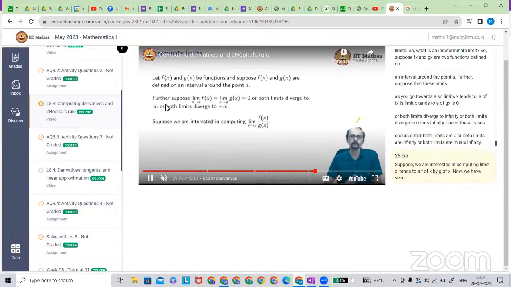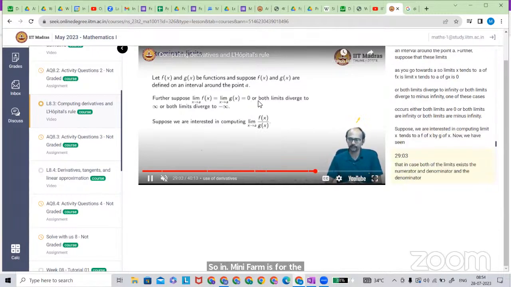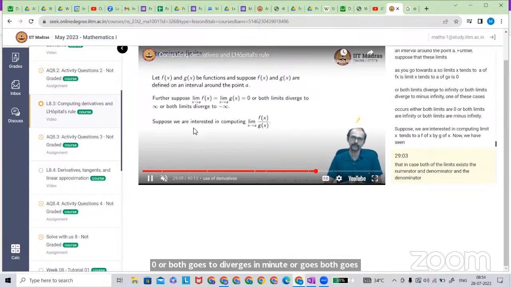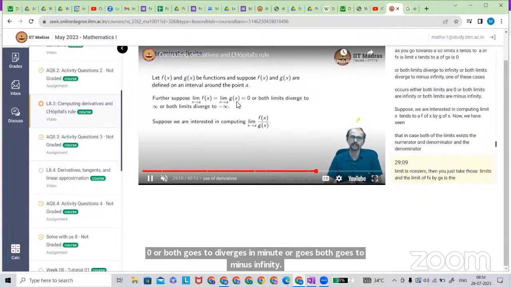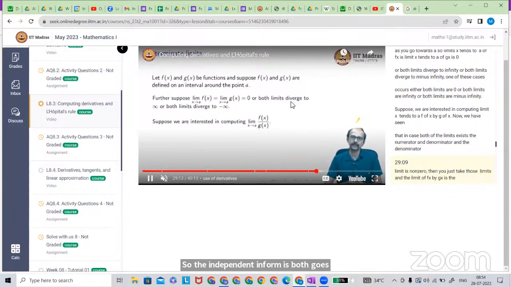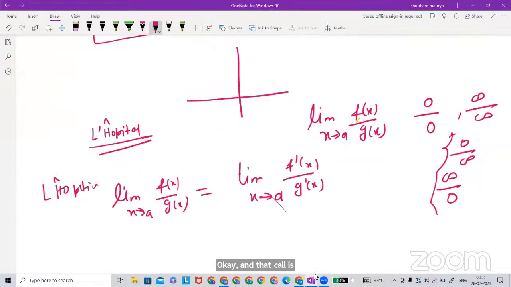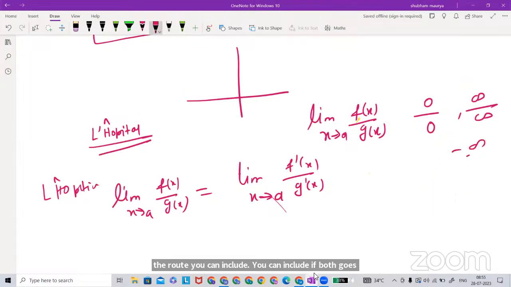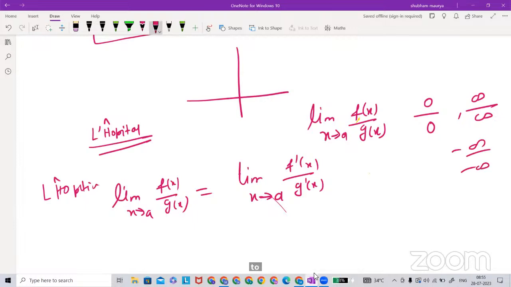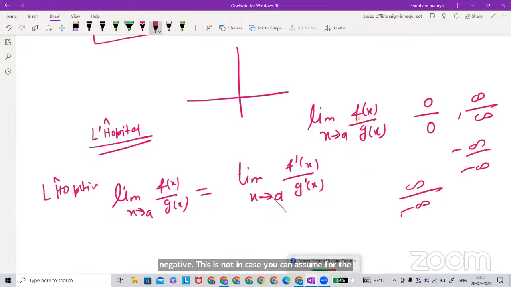So the indeterminate form is when f(x) and g(x) both go to 0, or both diverge to positive infinity, or both go to negative infinity. You cannot assume the case where one is positive infinity and the other is negative infinity.